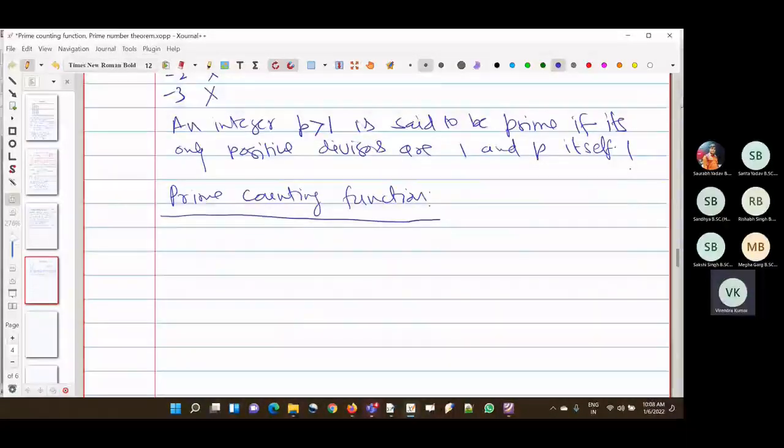So the prime counting function is denoted by pi, by a symbol like pi of x.